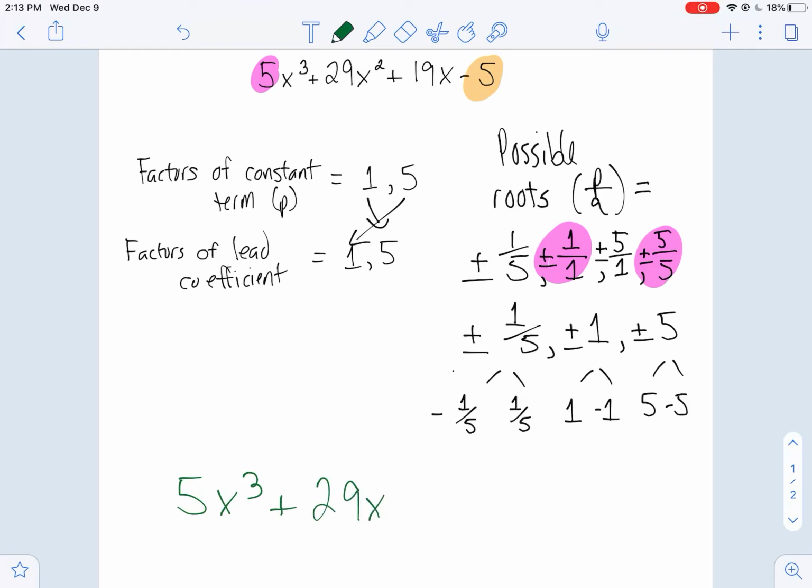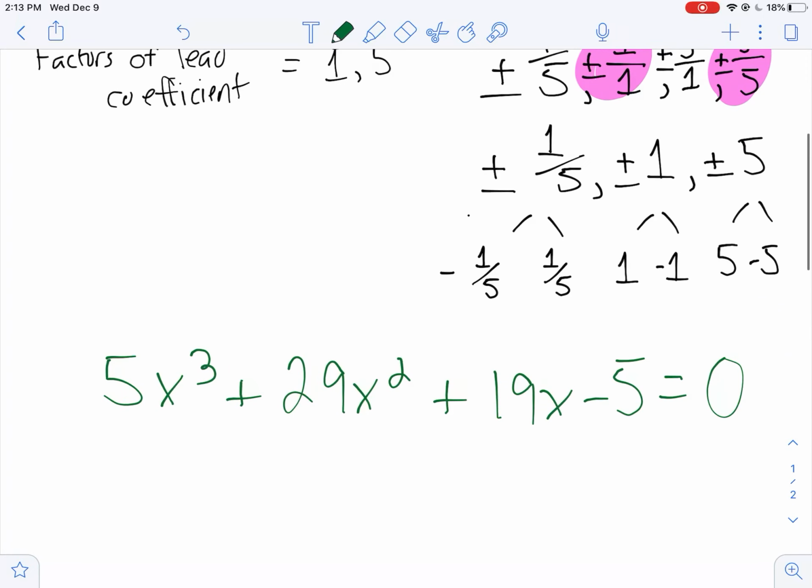You can do 2x squared plus 19x minus 5 equals 0, and then you would have to plug in every single value. I'd start with negative 1/5, plug that in for x, do out the whole thing, and see if I get an answer of 0. Then I would plug in 1/5, do out the whole equation, and see if I get an answer of 0.